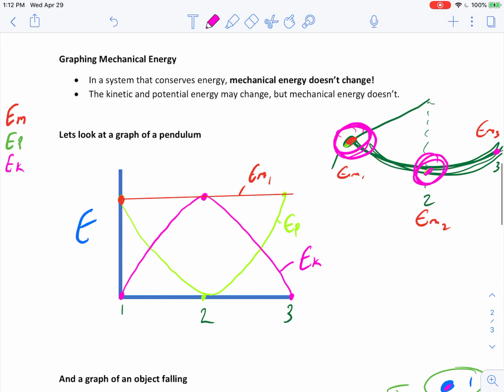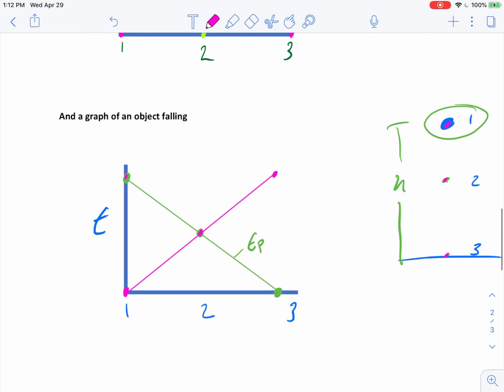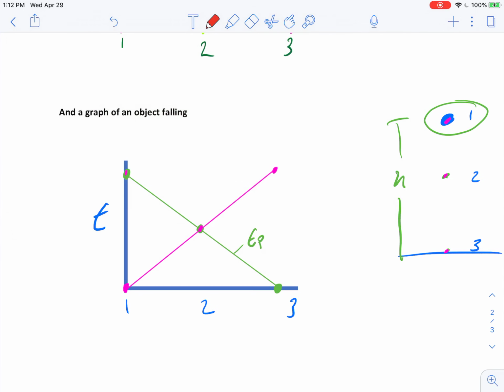But again, just like in the last case, your mechanical energy is equal to the total amount of energy at the beginning. So this value plus this value of 0 gives us this total amount here. And then in the middle, it's this total from kinetic and potential added up together, which makes your total mechanical energy right here, because it's both potential and kinetic added, this much times 2.